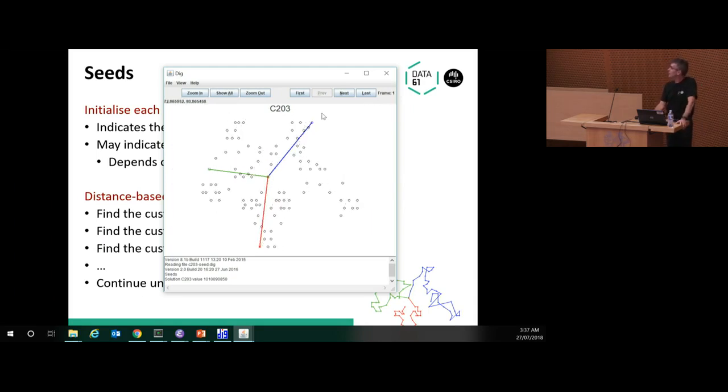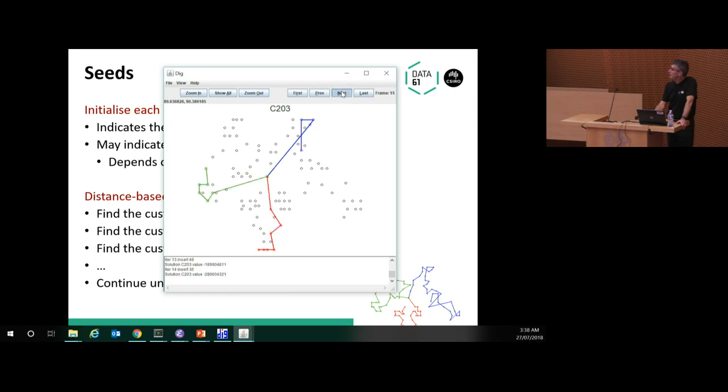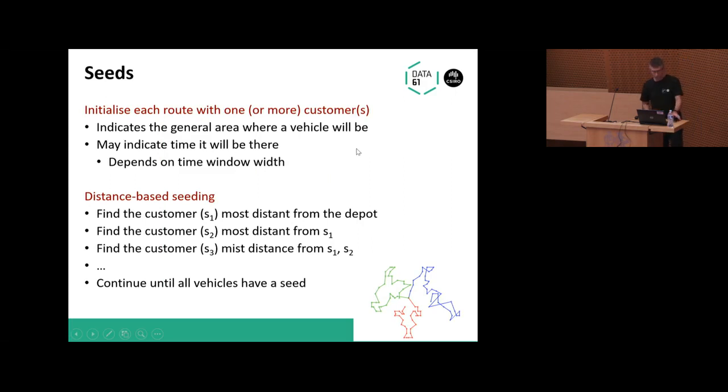So here we've chosen, as it says there, the most distant customer from the depot, the most distant one from that, and then the most distant from those two, and you get that one. And now, as I'm building it up, you get a much more guided procedure, till I get that, which is an even better solution than the one we had before. Okay.